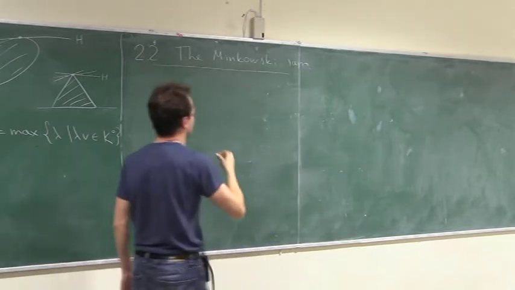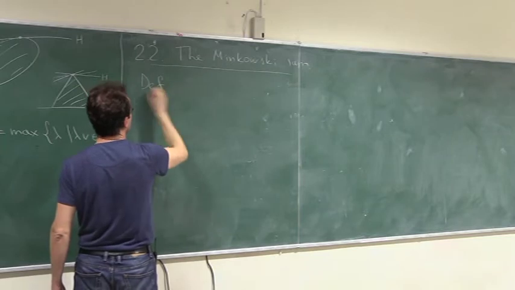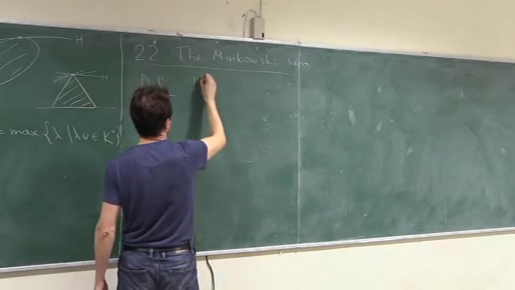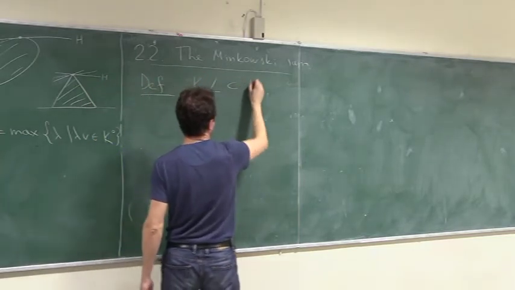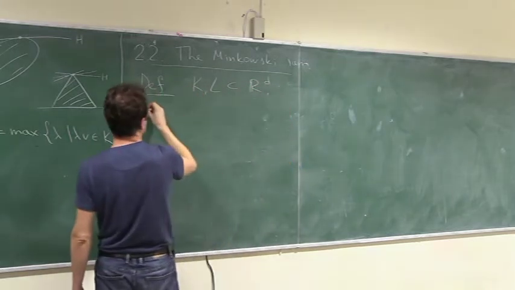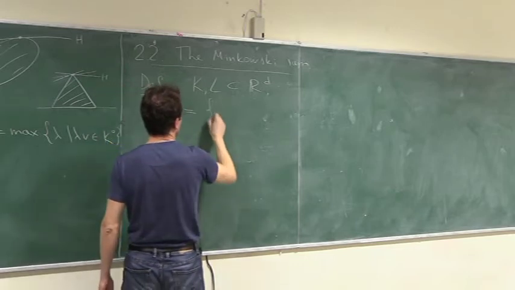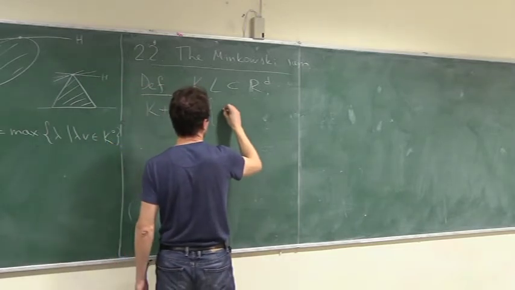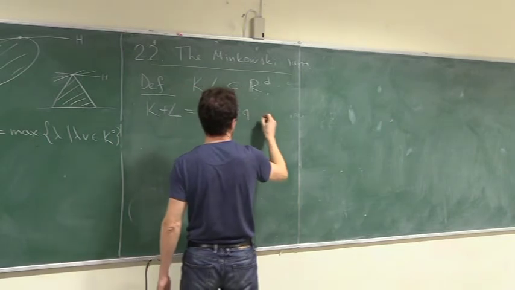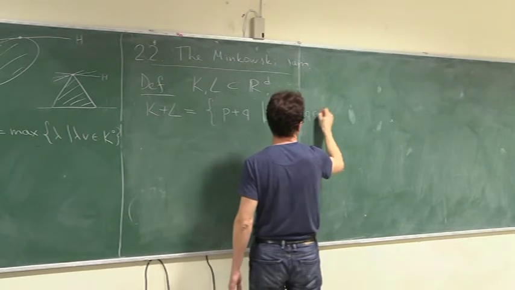Well, this is very easy. Here one needs only the definition. So for K and L subsets of R^d, the Minkowski sum is defined as: K plus L is the set of all sums P plus Q, where P is an element of K and Q an element of L.